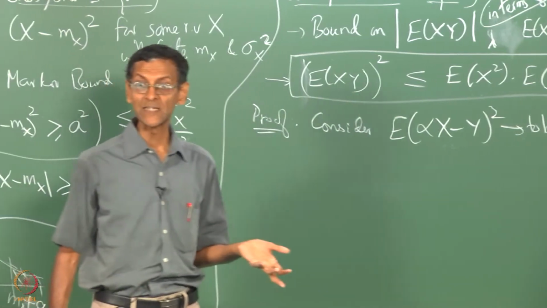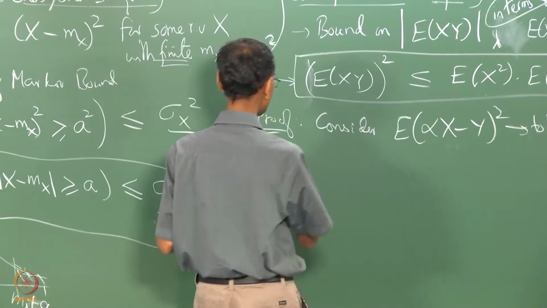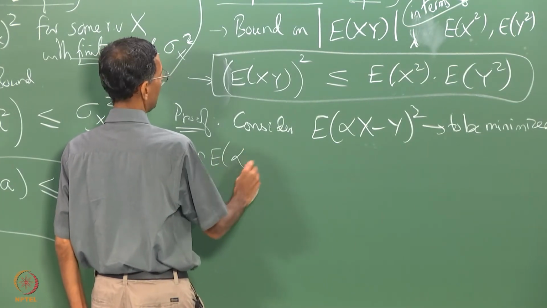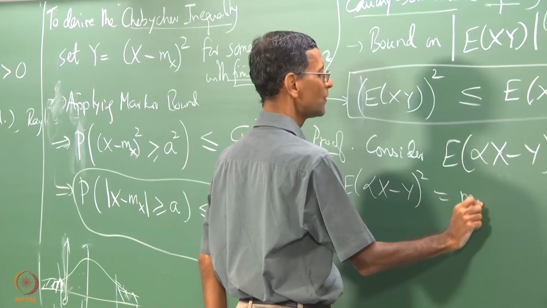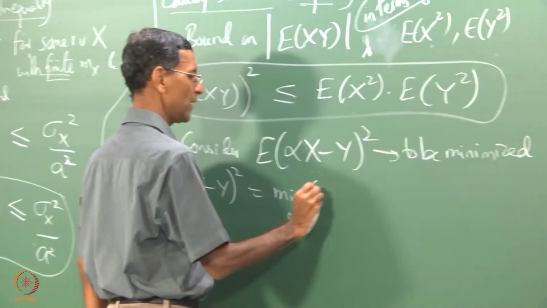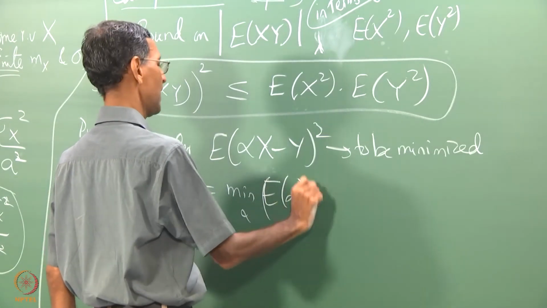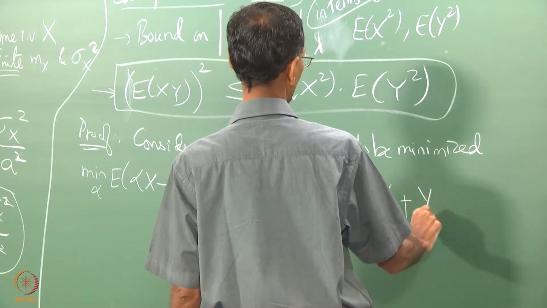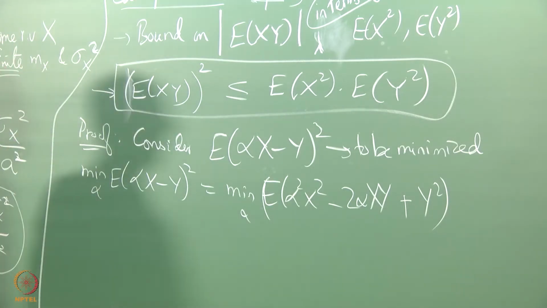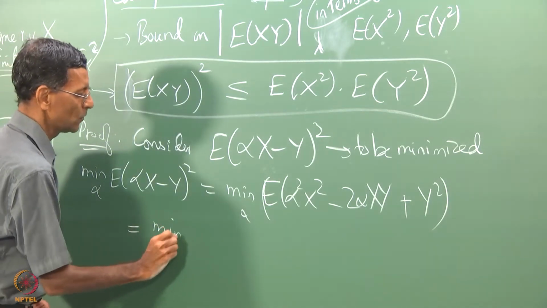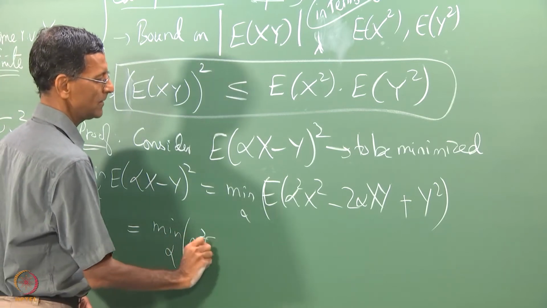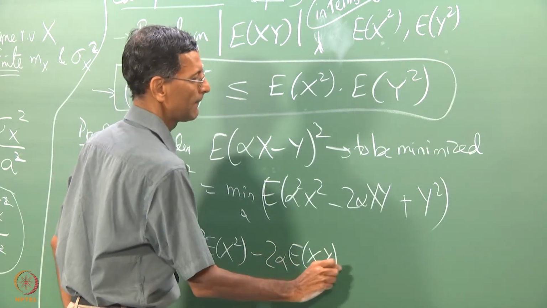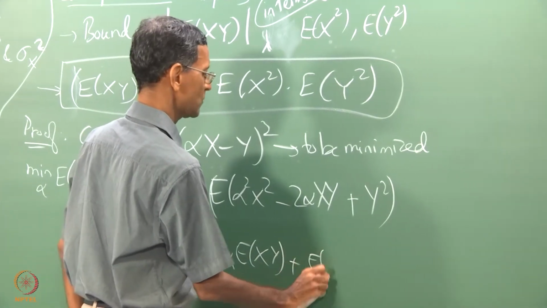The minimization itself is a highly trivial exercise. We have the min over alpha of E of alpha x minus y whole squared, which is the min of E of alpha squared x squared minus 2 alpha xy plus y squared, which is the same as the min over alpha of alpha squared E of x squared minus 2 alpha E of xy plus E of y squared.